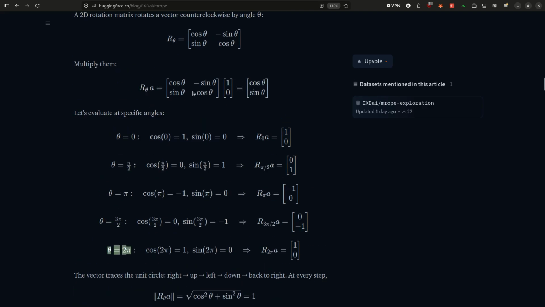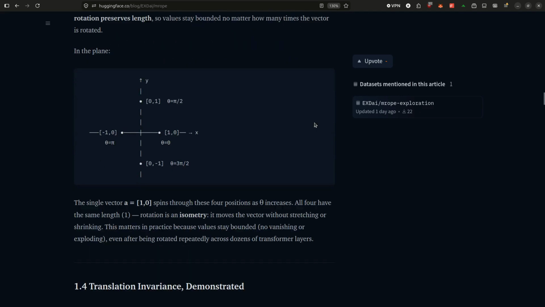You have a matrix, in this case a two-dimensional matrix. You just multiply it with your vector and you get the rotated vector, which is also a vector. So a 2 by 2 matrix multiplied with a 2 by 1 vector gives you a 2 by 1 vector.